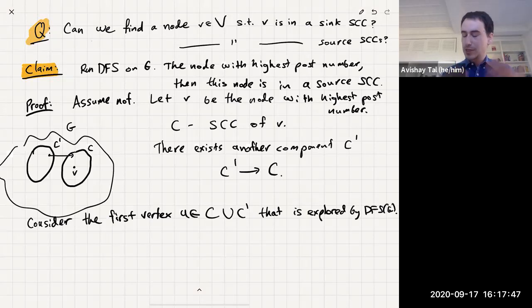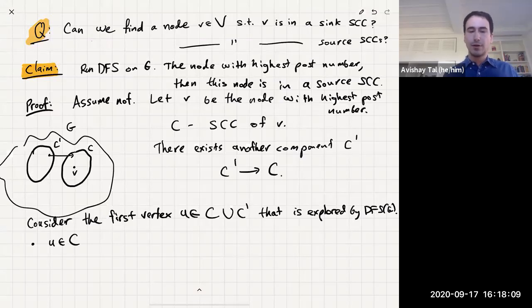We explore DFS, eventually we would explore all the vertices. We look at all vertices in C and C prime, and we look at which one was the one that we explored first. Okay, so there are two cases. What happens if U is in C? Right, in particular, it could be V.